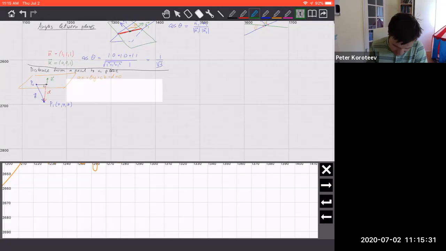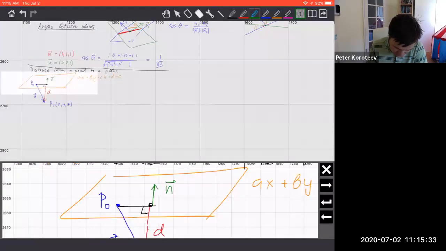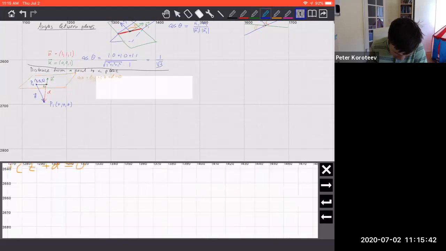Now, if P0 has coordinates x0, y0, and z0, then the vector B has coordinates x minus x0, y minus y0, z minus z0.